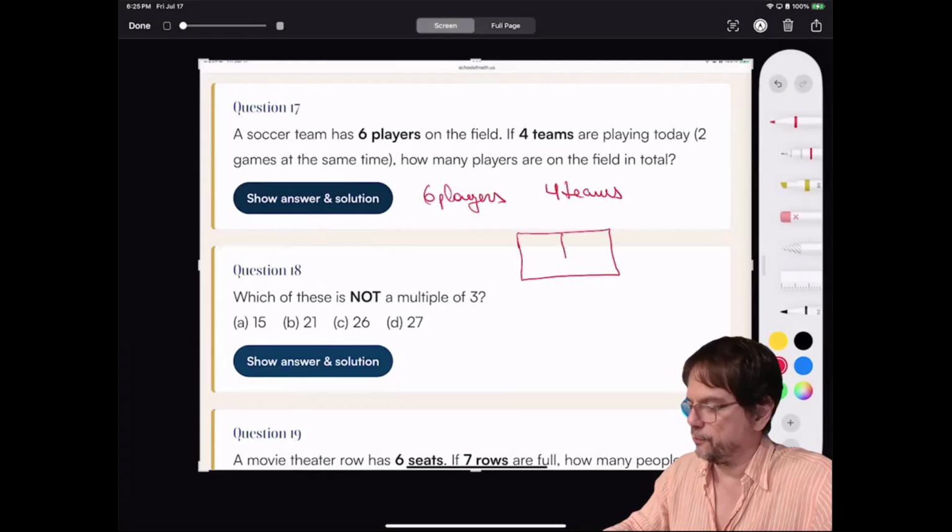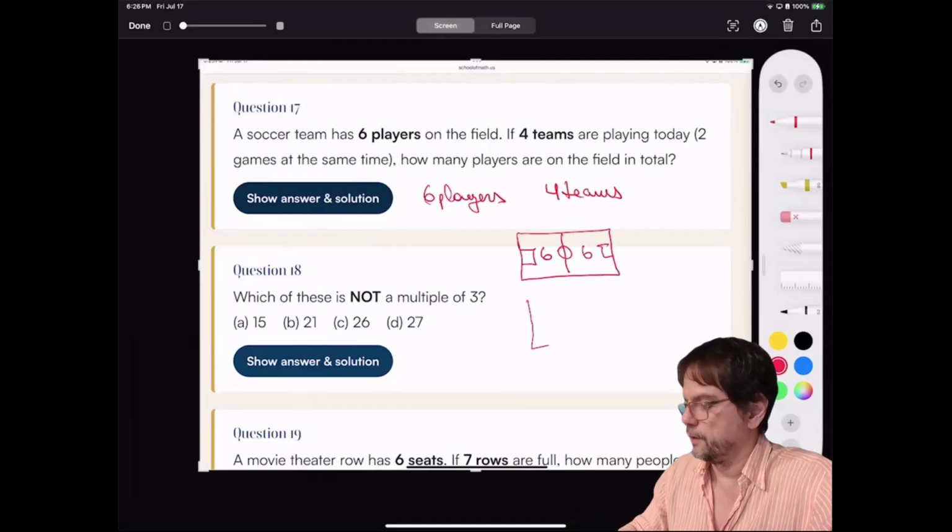You have in a field 2 teams, 6 players, 6 players. Look at the screen, Zoran. You have another field. 6 players, 6 players.